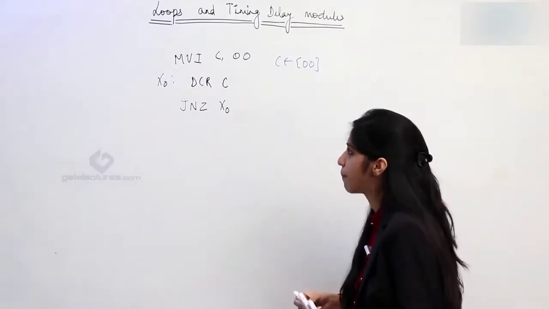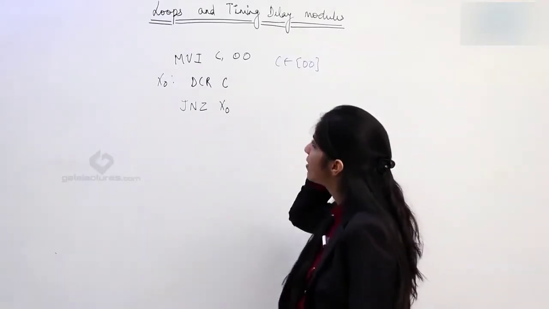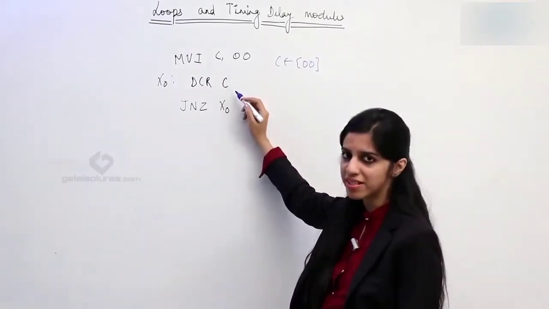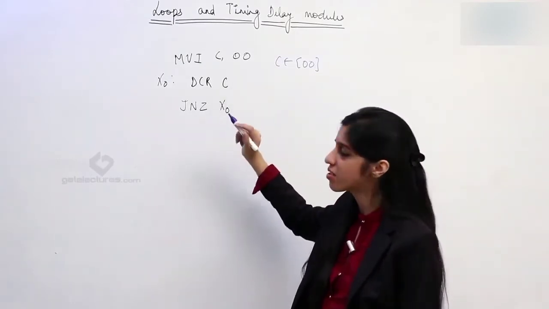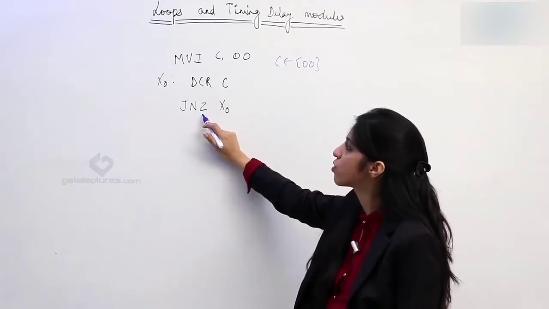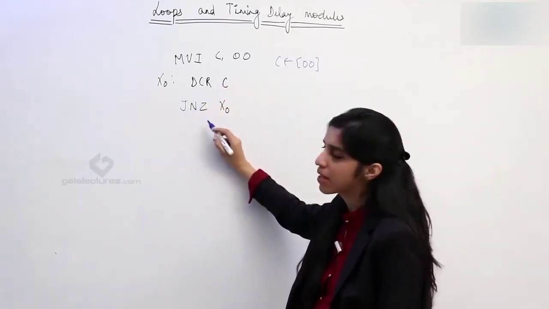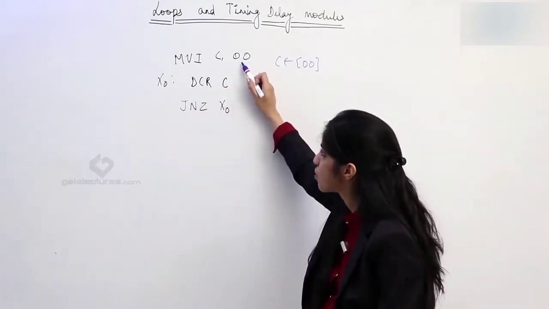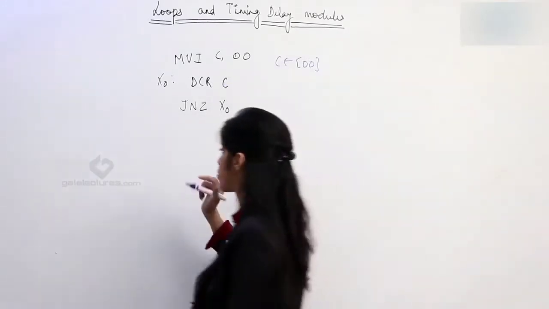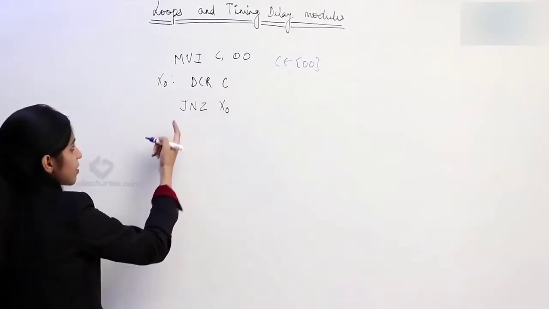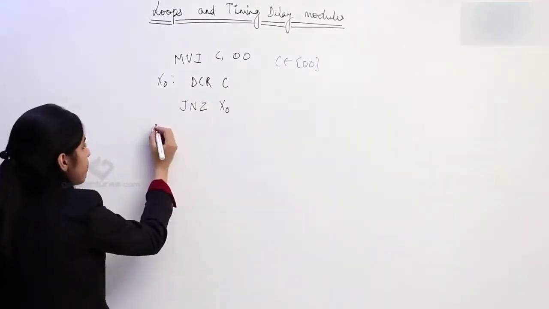Now what is actually happening in this program is we have loaded C with 00, we are decreasing the contents of C, and until the contents of C again become 00, this loop is going to take place. Now you know that from 00 to again 00 we are going to have 256 values, since these are in hexadecimal, right?